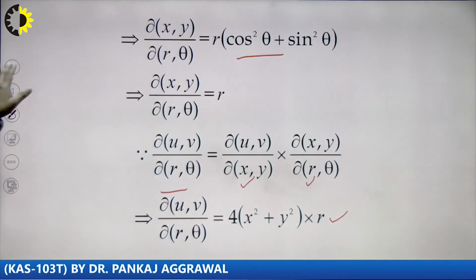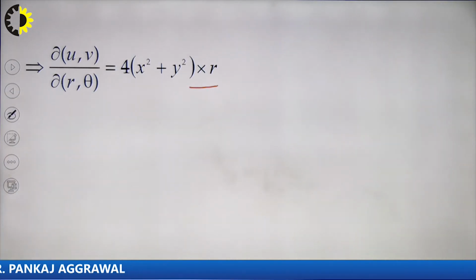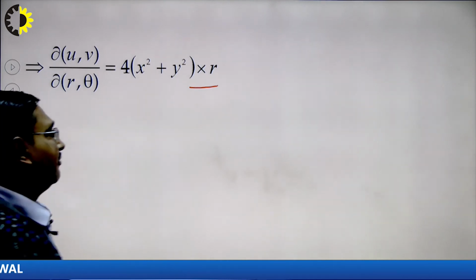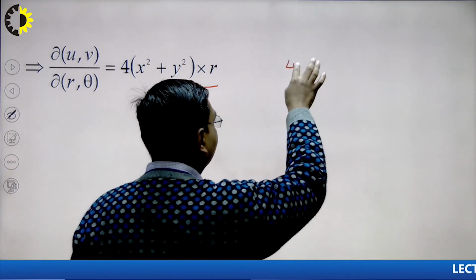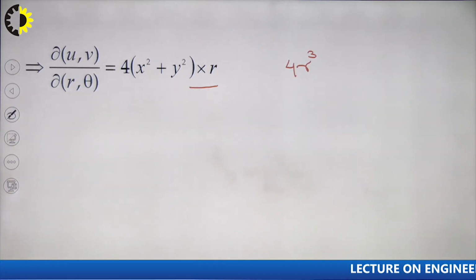The value of del uv over del r theta is calculated, but in the given example we were to prove that this value is nothing but 4 times r cube.